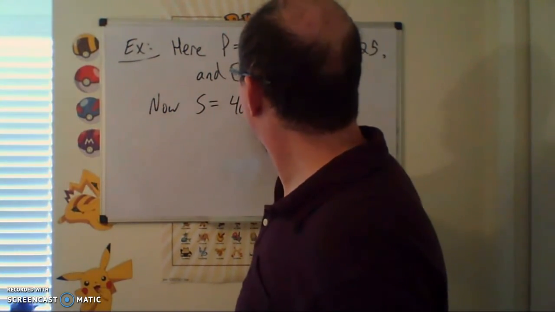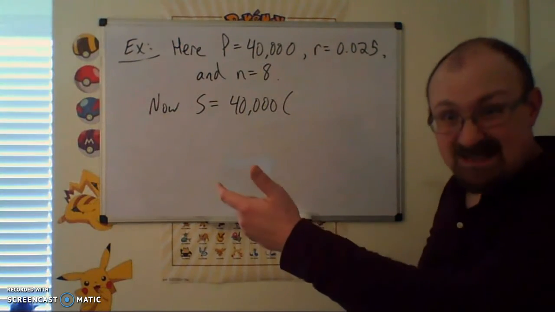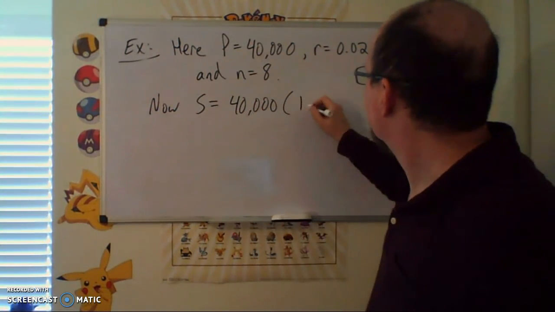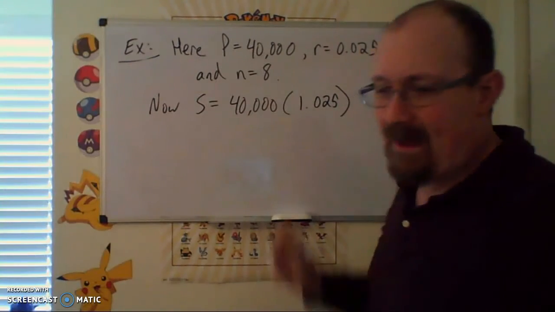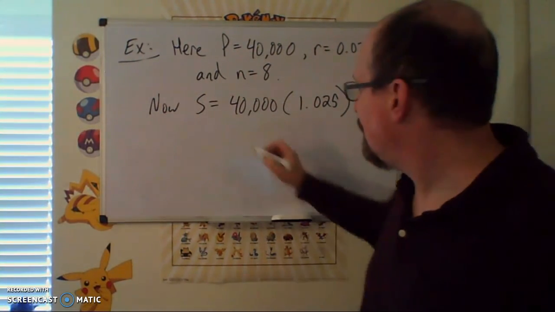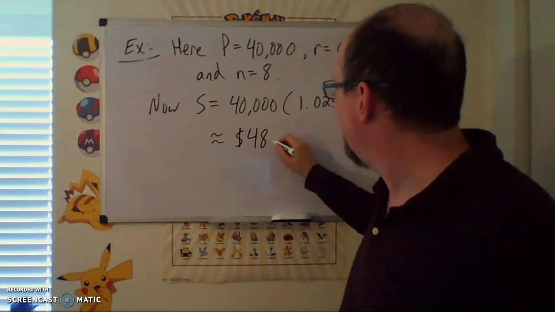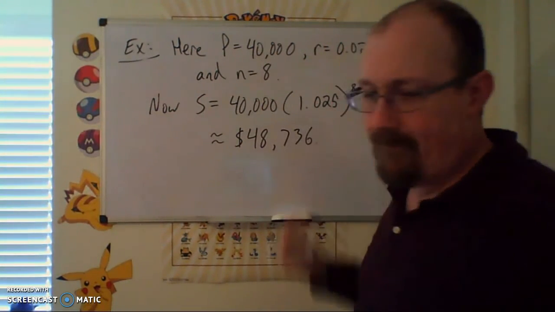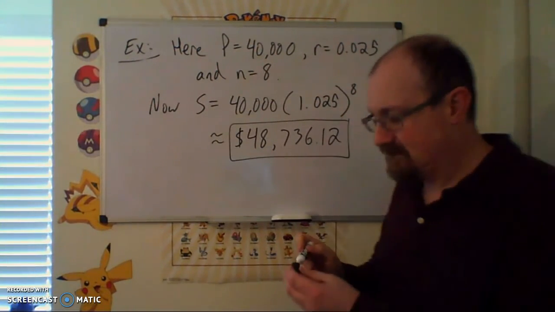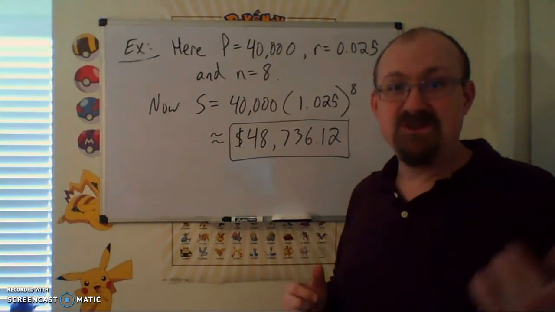So we have 40 grand times 1 plus that periodic or annual rate, which again doesn't matter here, 1.025 raised to the 8th power, and our property is now worth $48,736.12. Okay, so compound interest. Done.